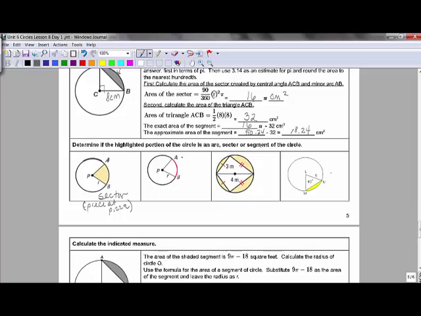That's a sector. Here I just have the part on the outside, so I am talking about an arc of this circle. I look here, I don't have the whole piece of pizza. Here I have little pieces of the crust, so this is a segment of the circle. And again, I have just the crust again, so this would be a segment.